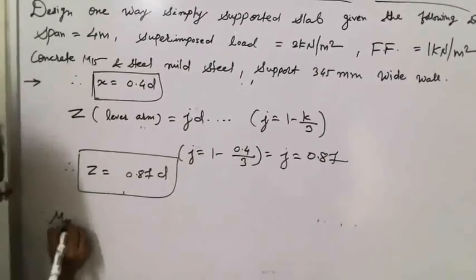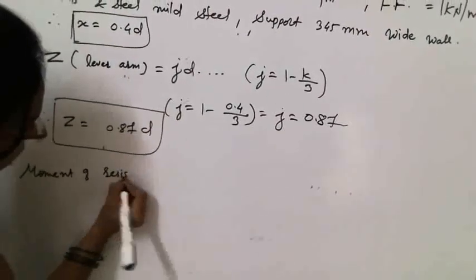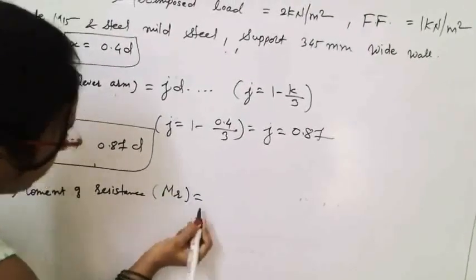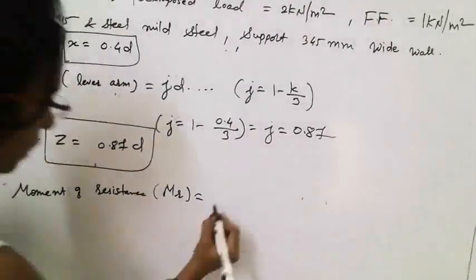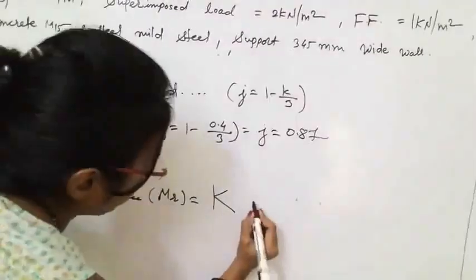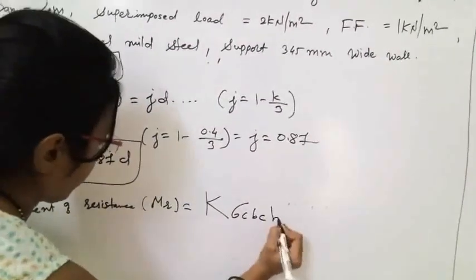Then the moment of resistance is denoted by MR is equal to capital K into sigma cbc into b d square.